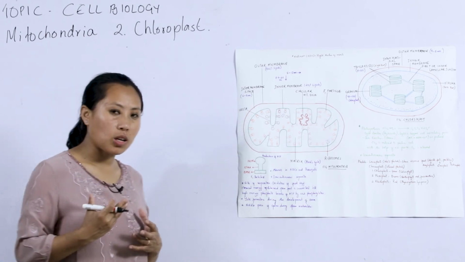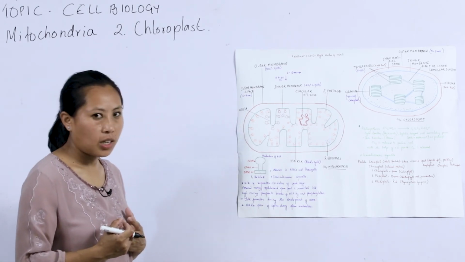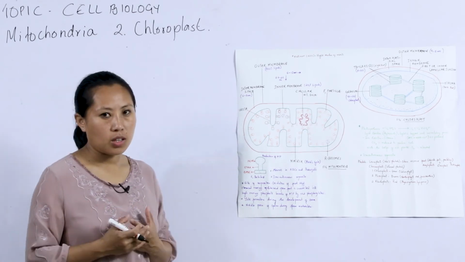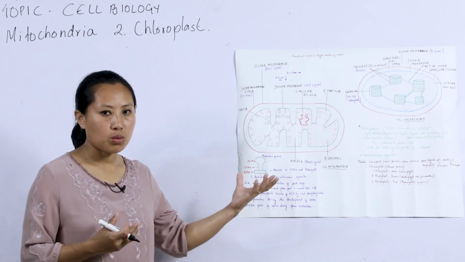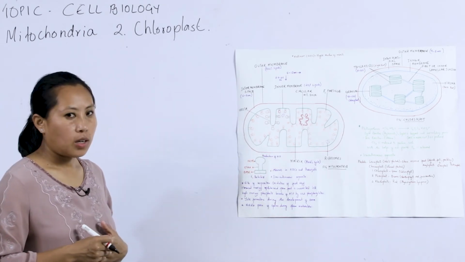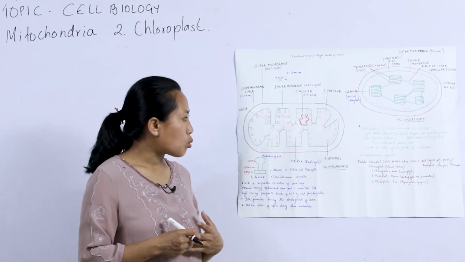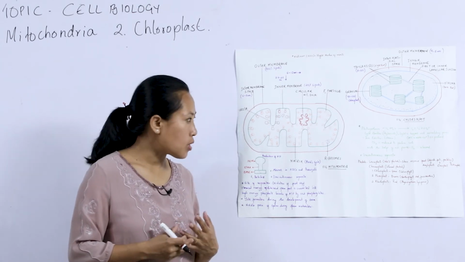The oxygen released is used during respiration, and the carbohydrate produced is consumed by animals. The process of photosynthesis takes place in two phases, light phase and dark phase.